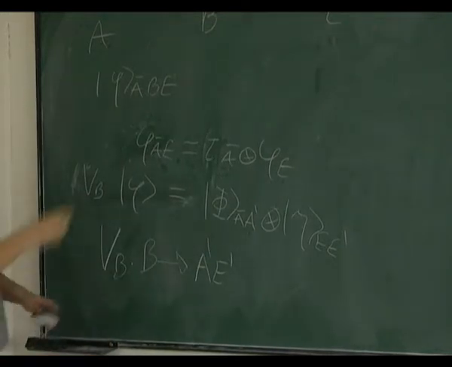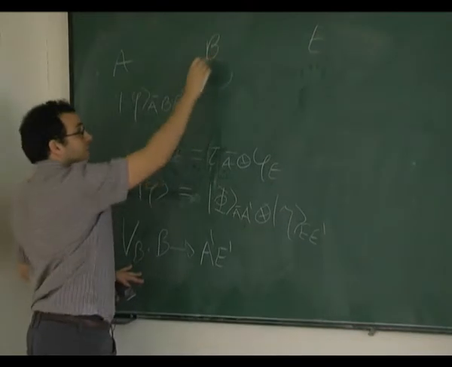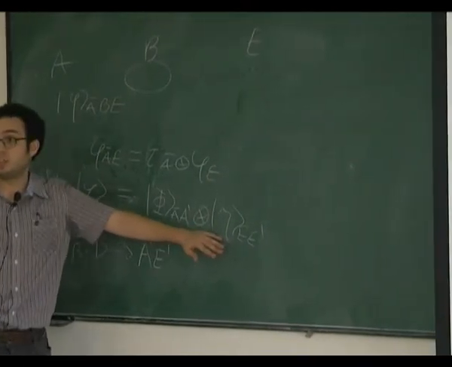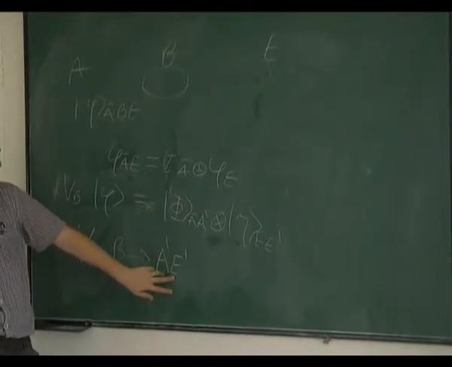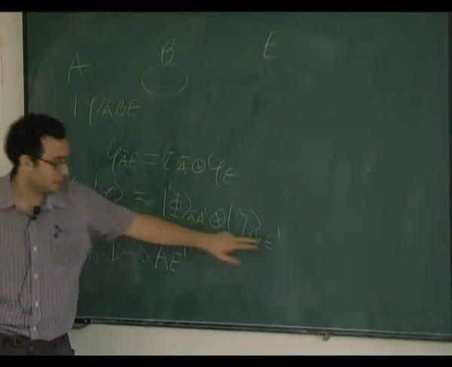So if Bob applies this isometry, after he applies it they have these states. Now Bob has these two subsystems, both A prime and E prime.